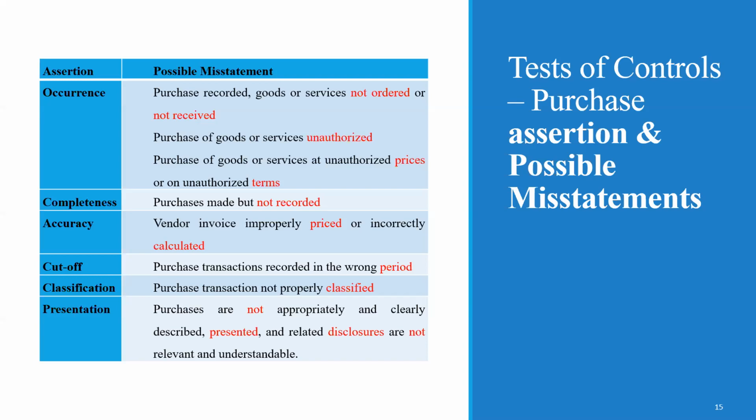Okay, and then the next one, cutoff. As we mentioned before, cutoff basically involves 1 or 2 weeks before and after the balance sheet date. Cutoff is about purchases and sales, cash receipts and cash payments.